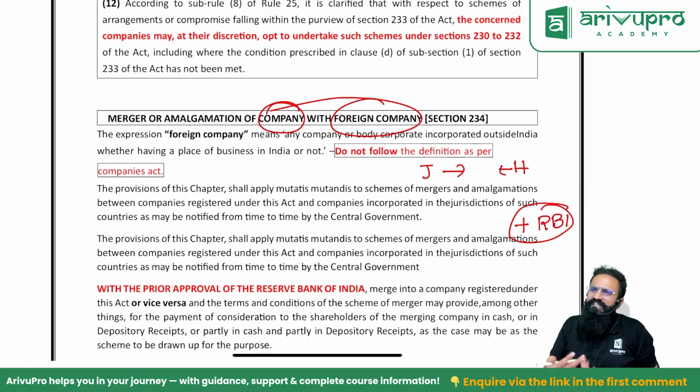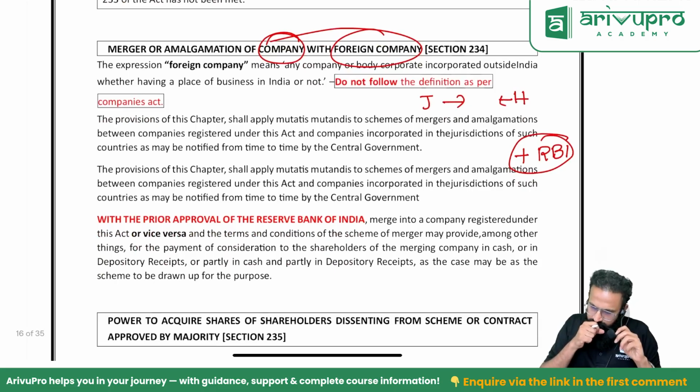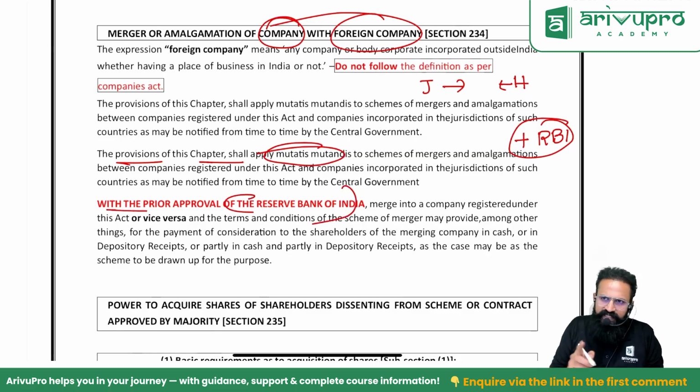So when we are merging with such foreign companies, they are telling you the provisions of this chapter shall mutatis mutandis apply, with the prior approval of RBI. That's all, nothing else. Section 233 won't apply.